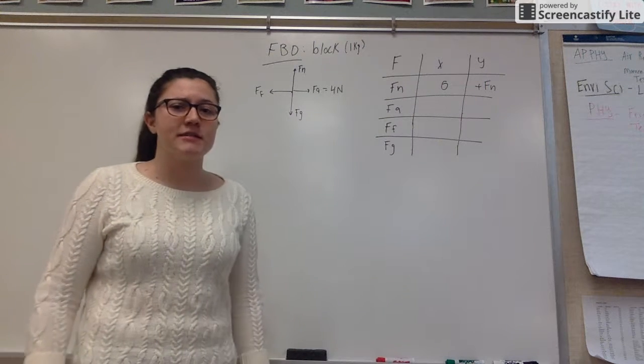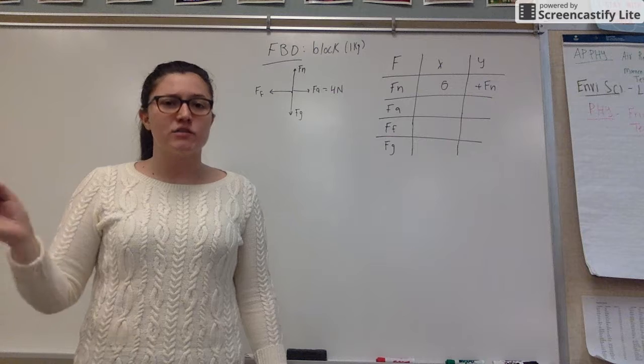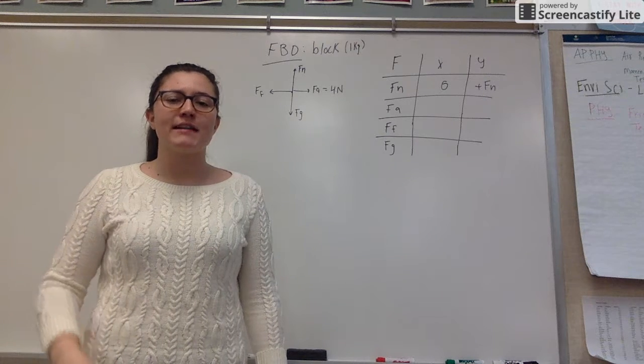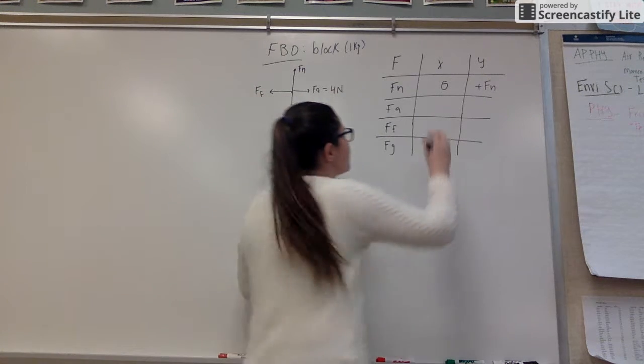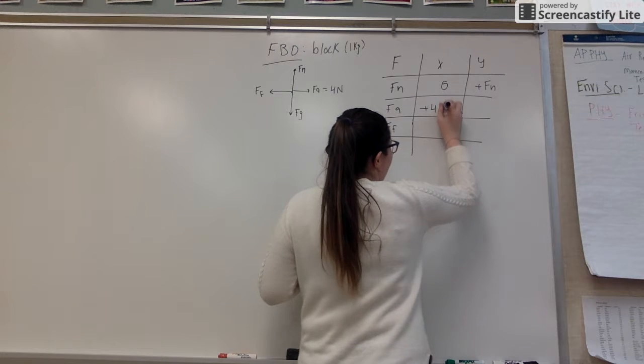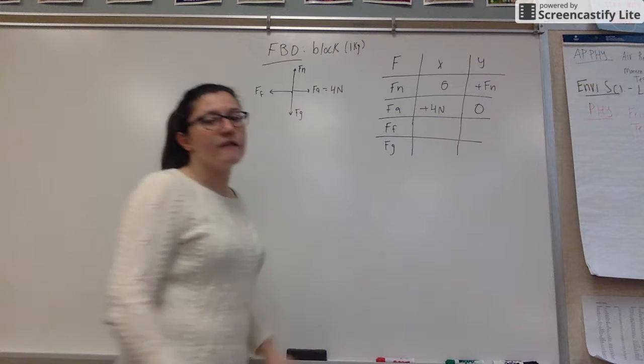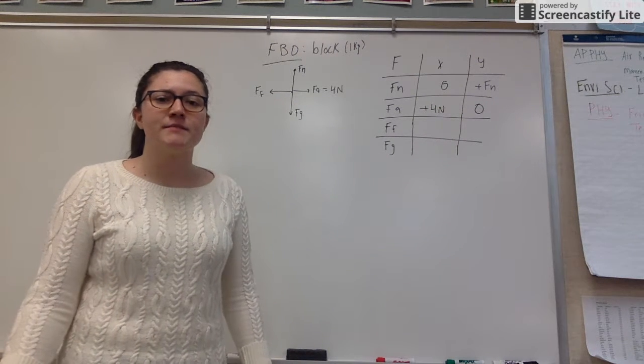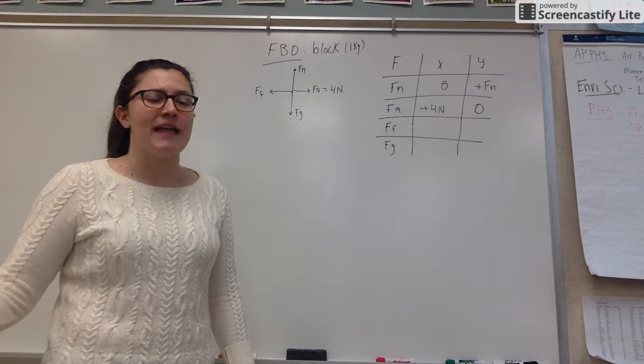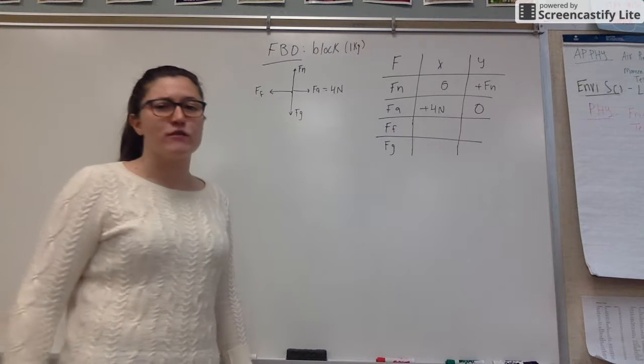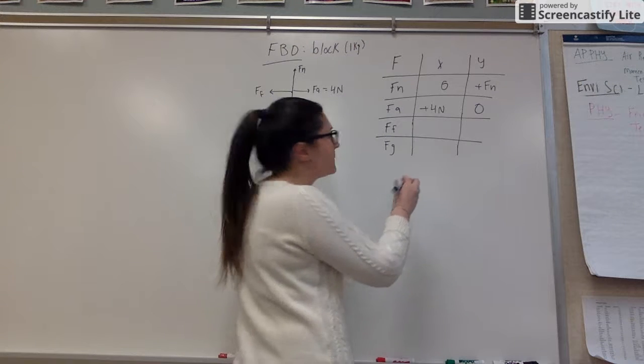Our applied force, we know it's in the x, it's to the right, so it's positive. We're given that it's 4 newtons. Force of friction, not sure what it is, but we know that it's acting to the left, so it's going to be negative force of friction in the x direction.